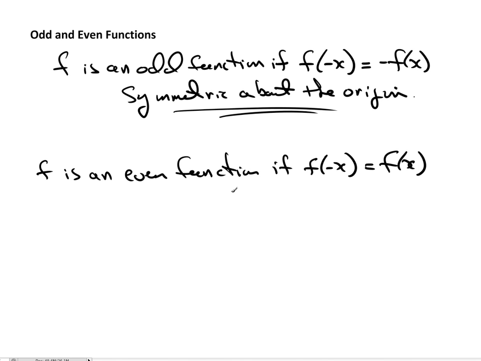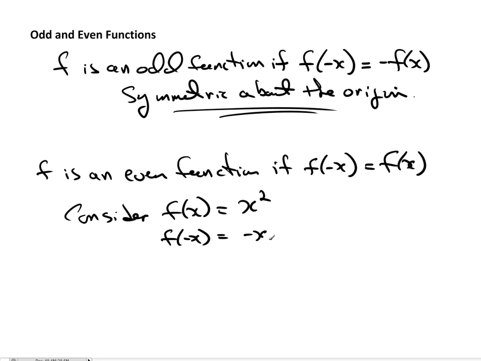Now, a couple quick examples. Consider f of x equals x squared. Is that an odd function, an even function, or neither? Well, to find out, I'm going to ask, what is f of negative x? f of negative x equals negative x squared, which is positive, that's x squared.